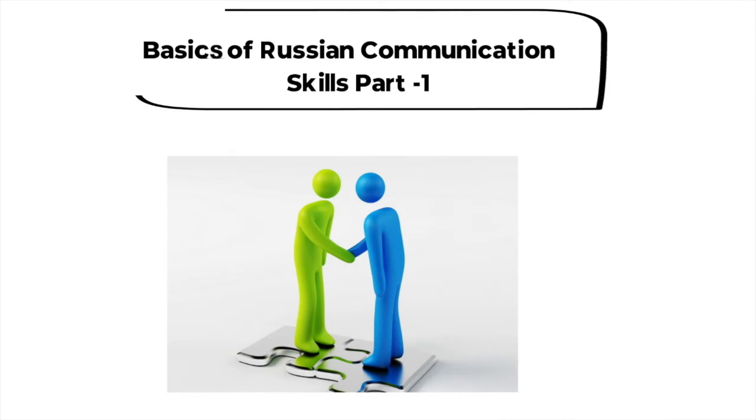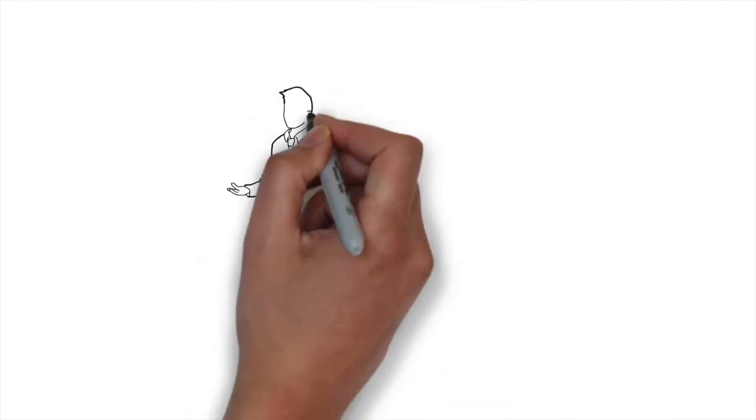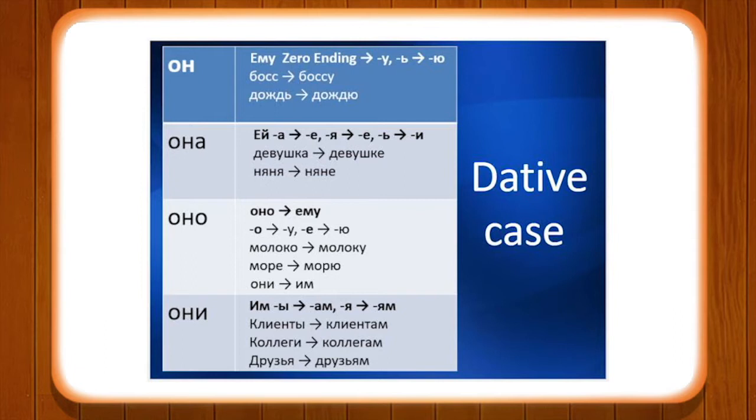In this module, we will be discussing various aspects of the dative case. As you remember, in the previous module, we discussed nouns of masculine, feminine and neuter gender in singular in the dative case.